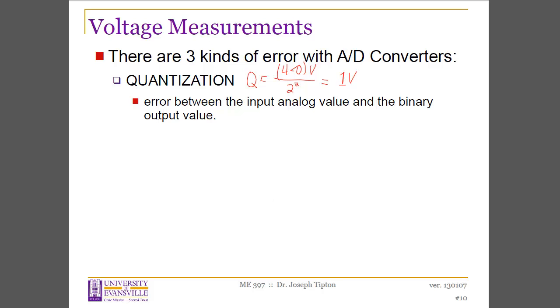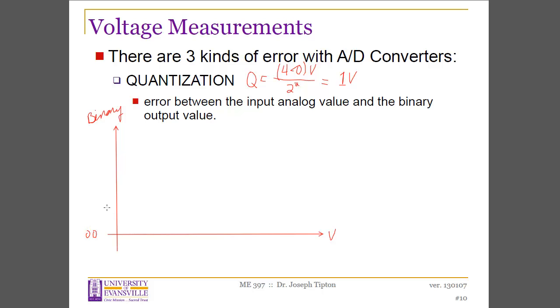Let's look at this graphically. So we'll draw a y-axis here. That's going to be binary output, and then we'll draw an x-axis that's going to be our voltage input. So there's volts, and there's binary. Okay, and our binary could be 0, 0.